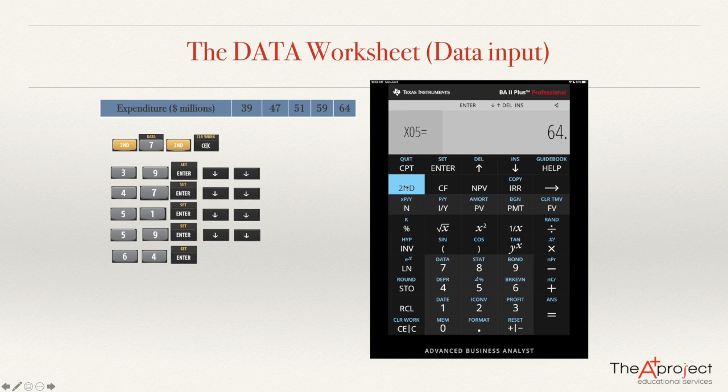What do we need to do now? Now we need to go to 2nd STAT. So you press the second function key and the number A key. The statistics are here, including the mean and the standard deviation of this data set. So I press second function STAT.